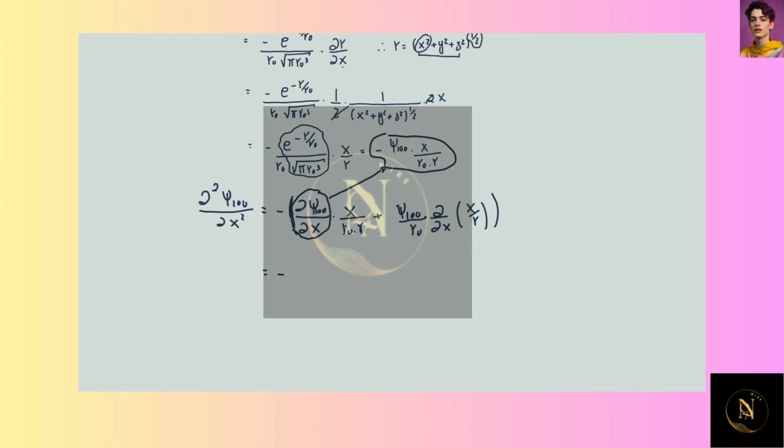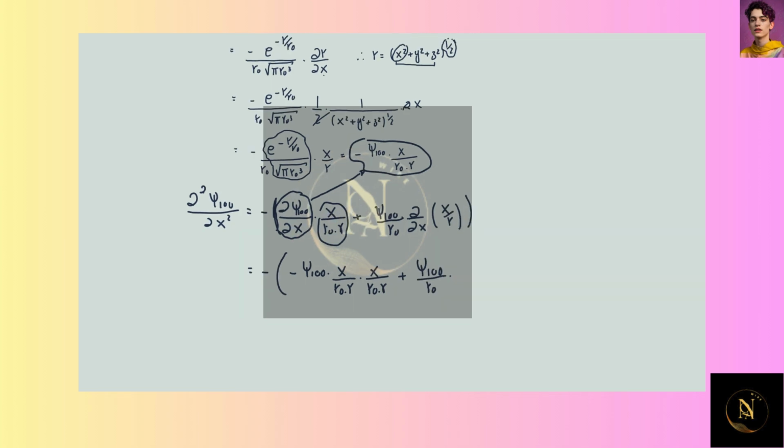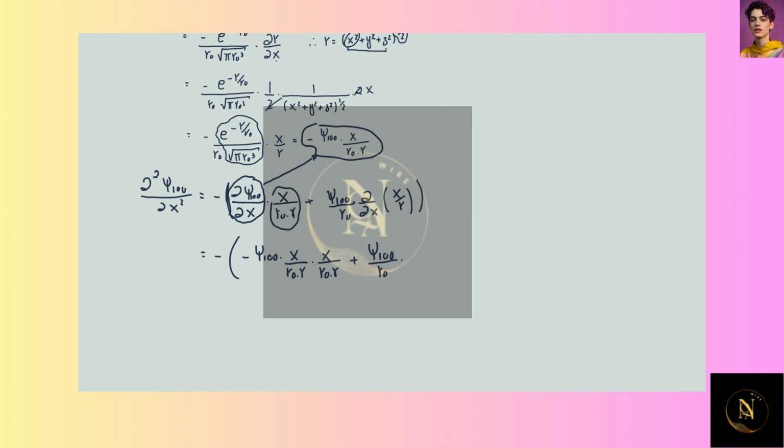So we get minus psi100 times x divided by r0 times r, times, from this term, x divided by r0 times r, plus psi100 divided by r0 times the derivative of x with respect to x, which is 1, divided by r, plus x times the derivative of 1 over r with respect to x, which is d over dx of r to the minus 1.